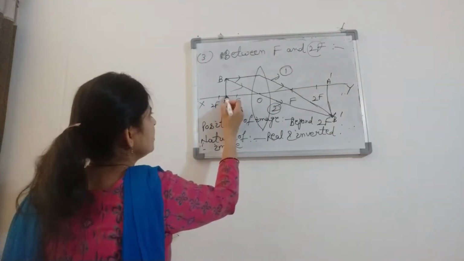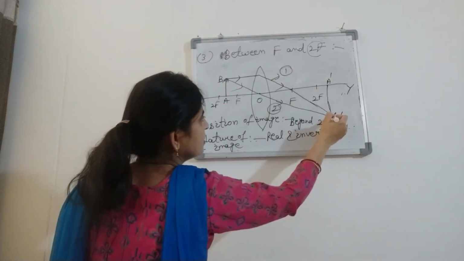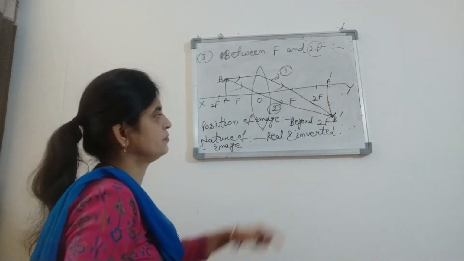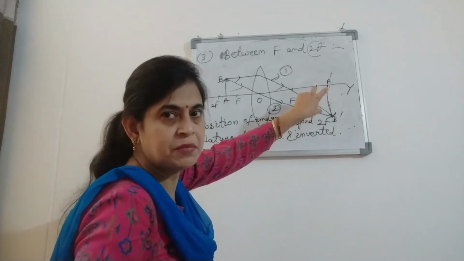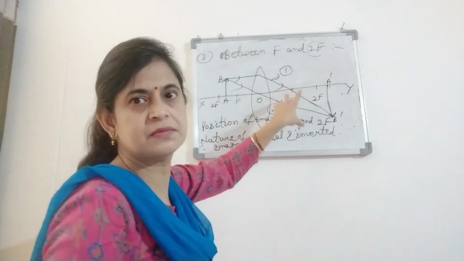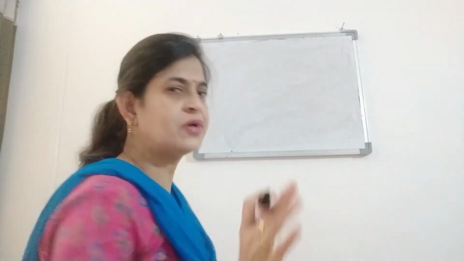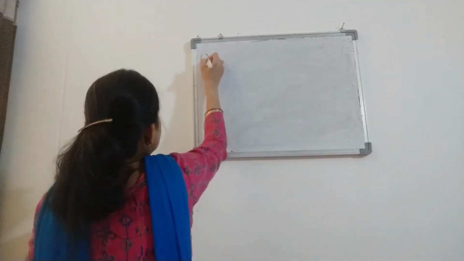And if you compare the size of the object and size of the image, it is clearly observed that the magnified image is formed in this situation. Now, if the position of the object is at 2F, which is your fourth position.